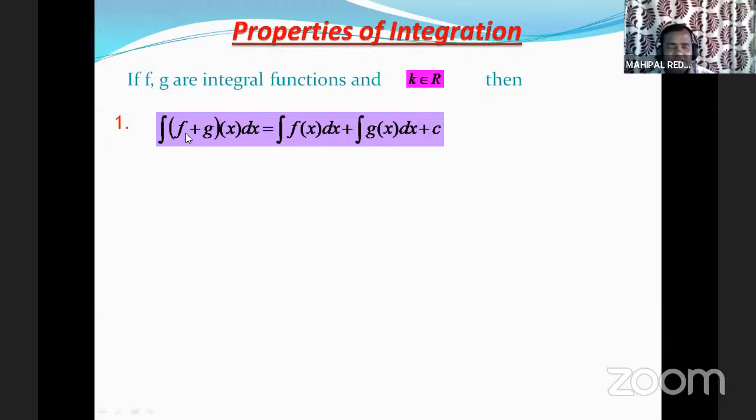So the integration of the addition of two functions, we can write as the individual integrations.